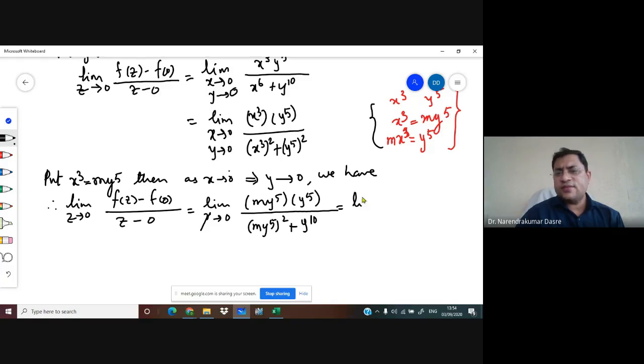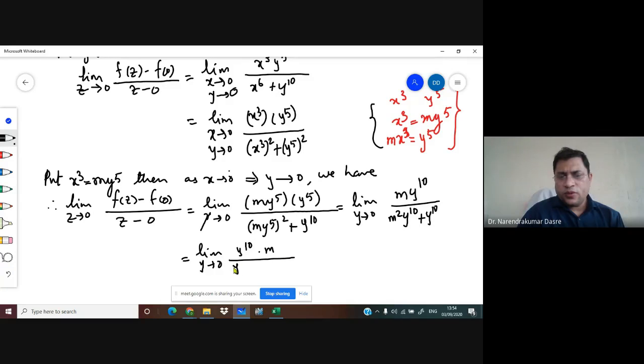So I can write this as limit y tends to 0, m y raised to 10 upon m square y raised to 10 plus y raised to 10. You can see easily that we can take y raised to 10 common. So limit y tends to 0, y raised to 10 into m upon y raised to 10 into 1 plus m square.